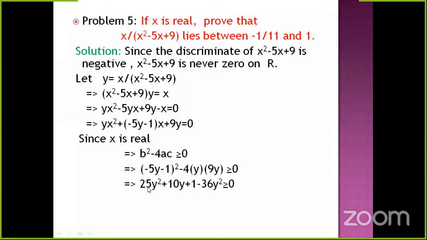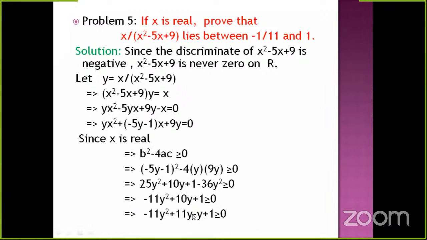By applying the formula, I will get 25y square plus 10y plus 1 minus 36y square greater than or equal to 0. So 25y square minus 36y square gives minus 11y square. So minus 11y square plus 10y plus 1 is greater than or equal to 0.